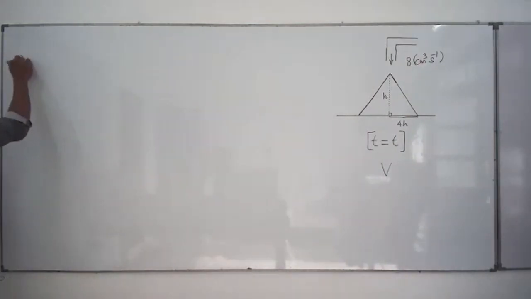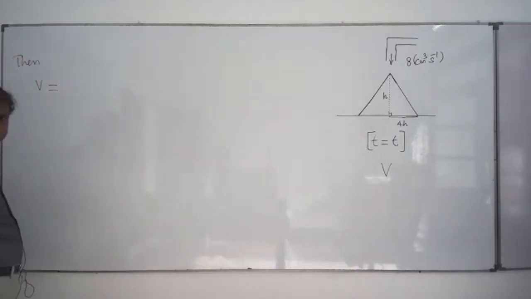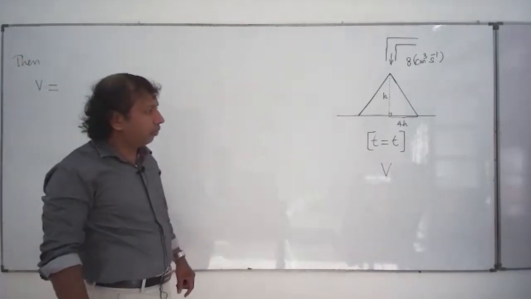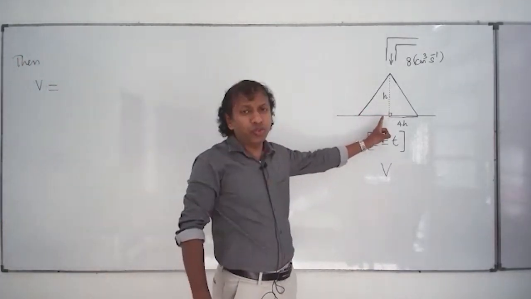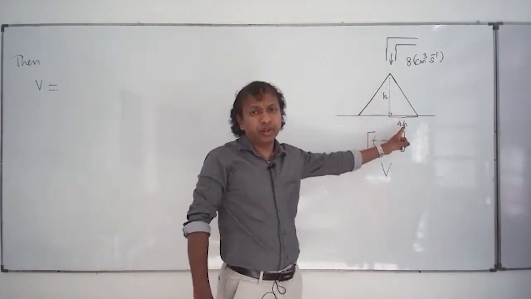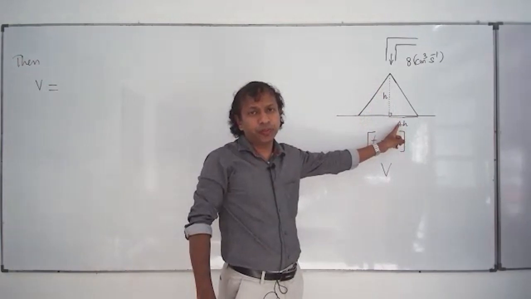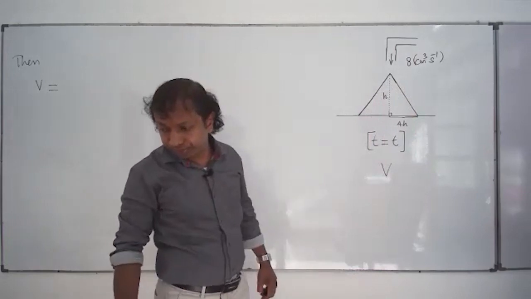And then V equals. People, at this moment the volume is V, the height I took as h, then the radius is 4h. Here, what is the volume of this sand cone now?